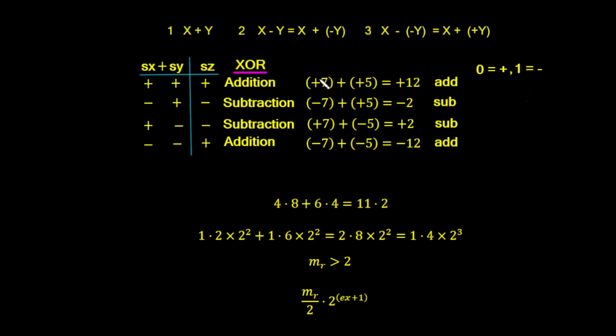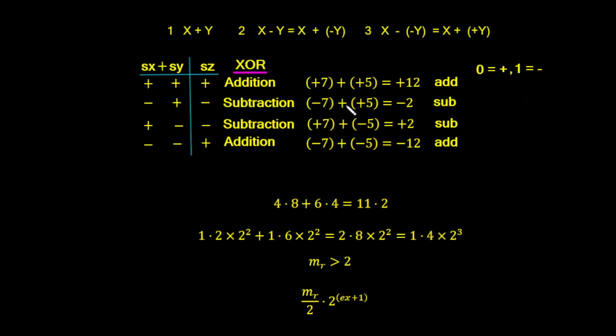Now I've put 4 examples here of actually doing this. So if we had, for example, a plus 7 and we added on a plus 5, we would get a plus 12. So you can see here the answer is going to give us a sign and it's going to give us an actual value.